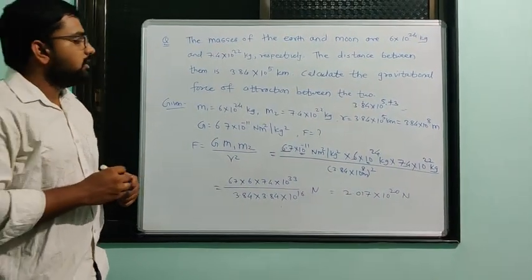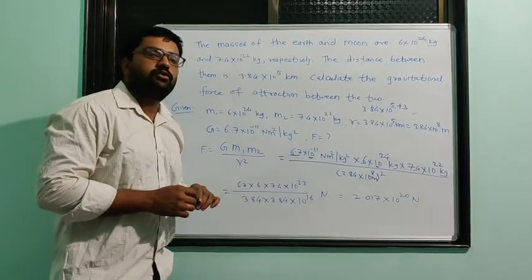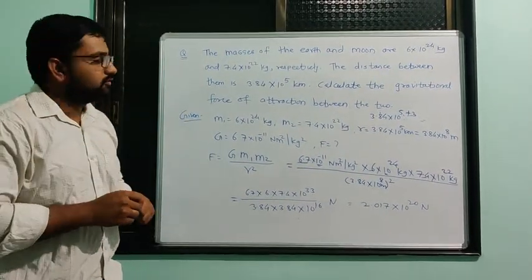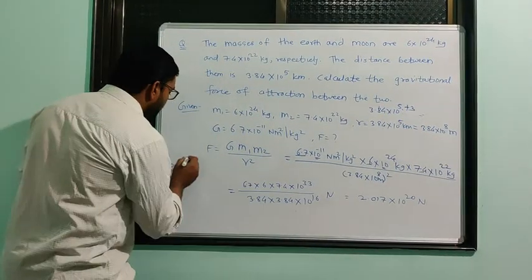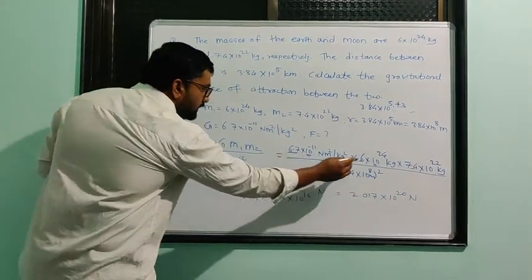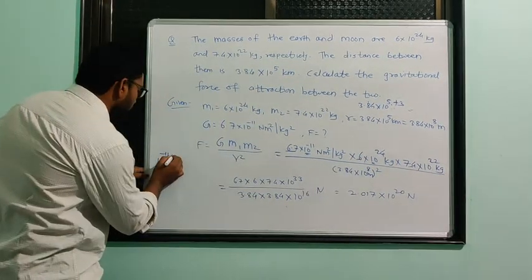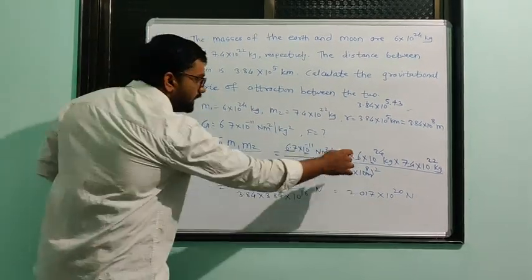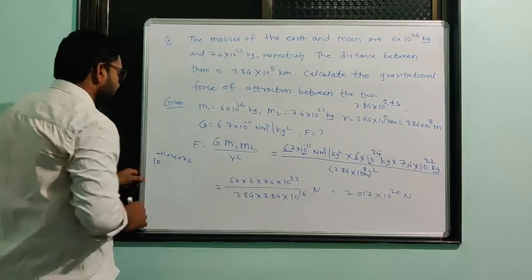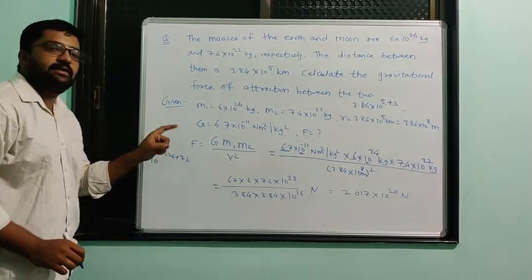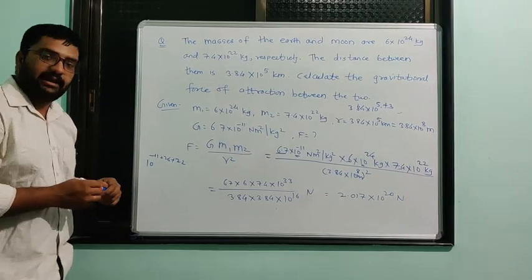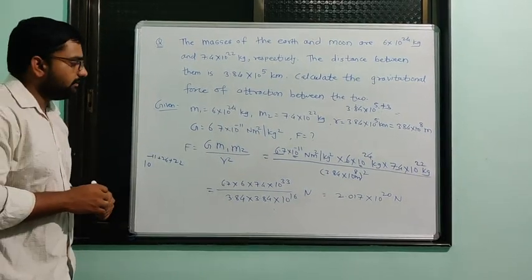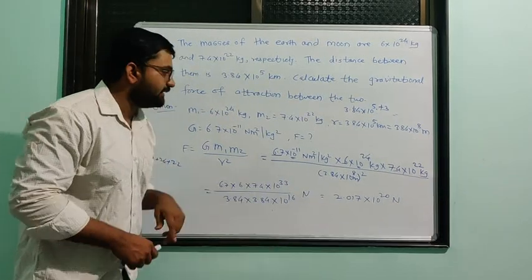Because all in multiplication, so powers will get added. So 10 raised to minus 11, 10 raised to plus 24, 10 raised to plus 22. So minus 11 plus 24 plus 22 will be equal to 33. So it will be 10 raised to 33.